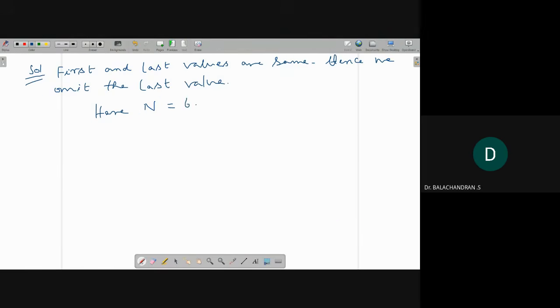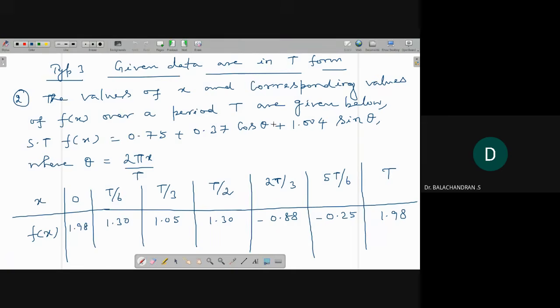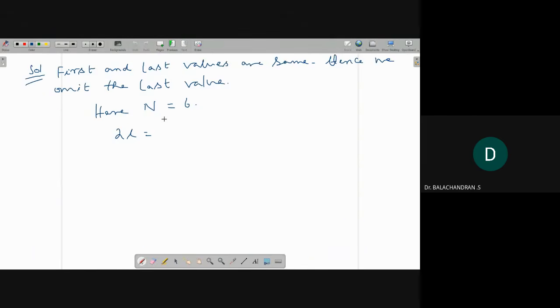And 2l is equal to, because the length of the interval is 2l, and because we have sine and cosine, it is a Fourier series. So 2l equals t minus 0, which is t. This implies l equals t by 2.